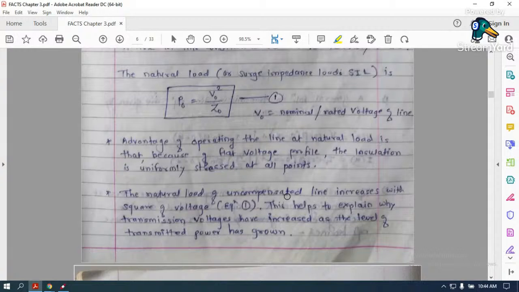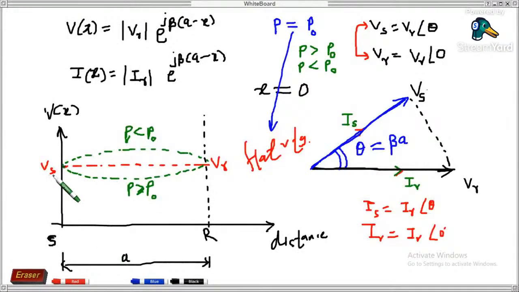The natural load of an uncompensated line. Have I mentioned compensated anywhere yet? No. Still my line is uncompensated. What if I load that uncompensated line at natural load? I'm getting a flat voltage profile, still without any compensator.